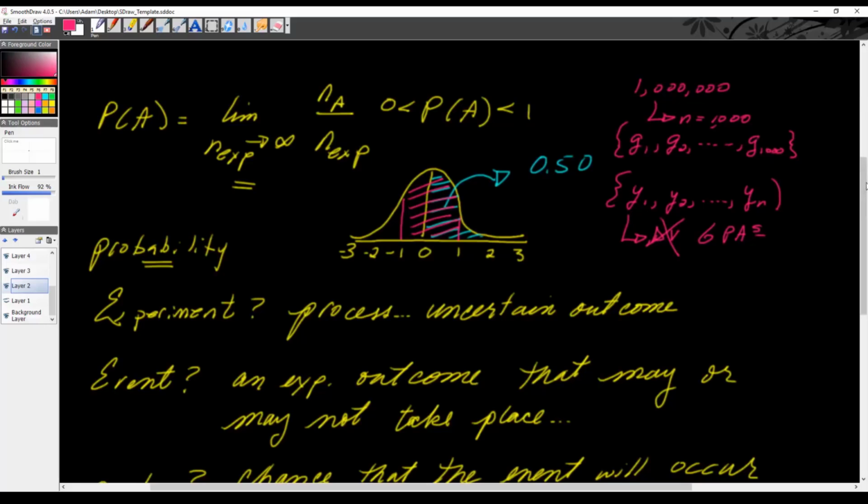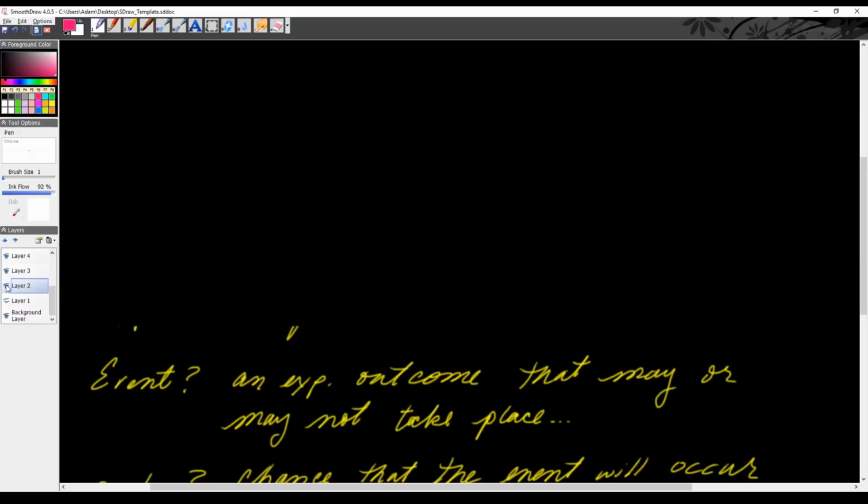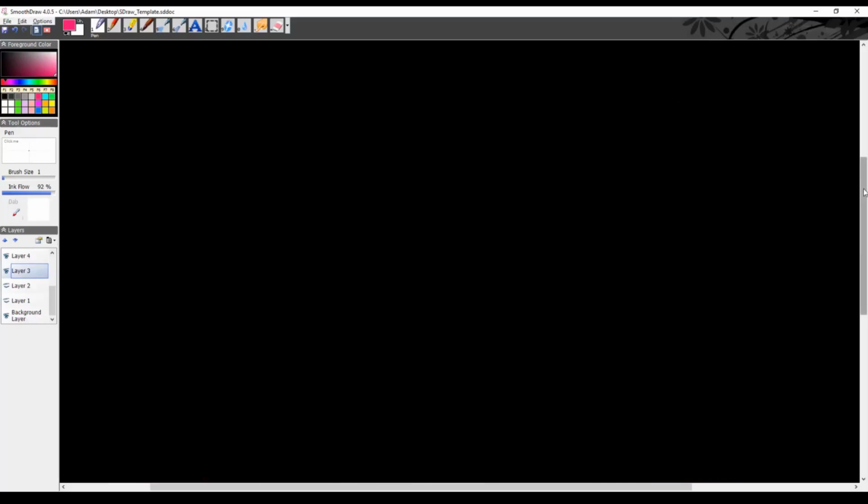So what is a sample statistic? Moving right along, what is a sample statistic? A sample statistic, it's just a descriptive measure of a randomly selected sample of numerical values, some sort of descriptive measure.